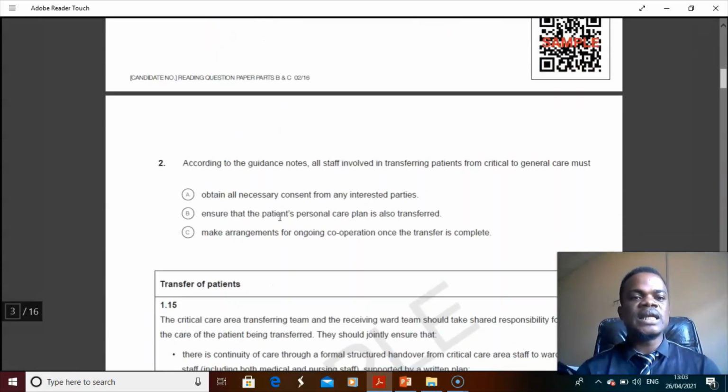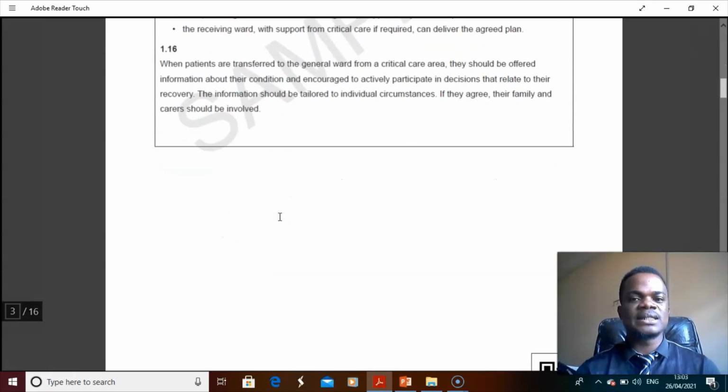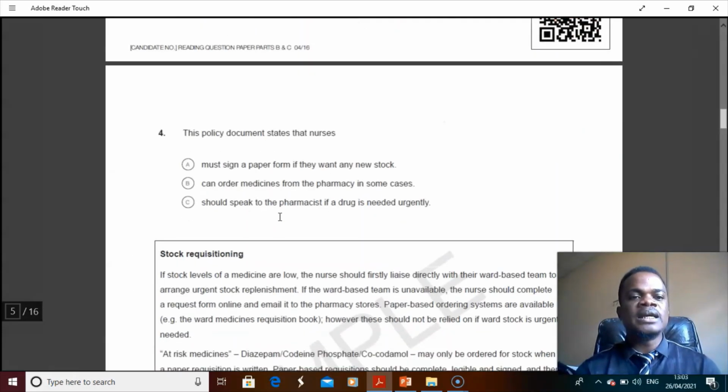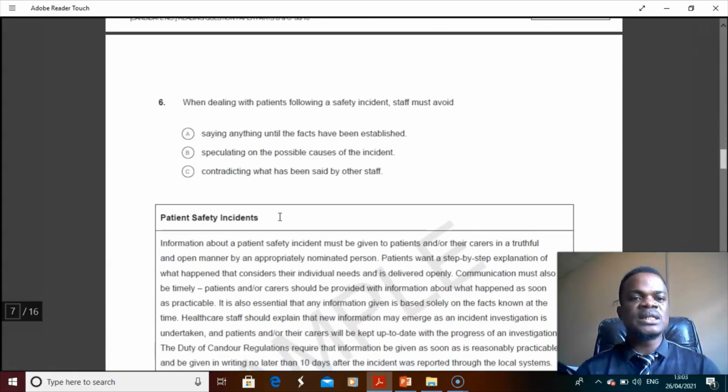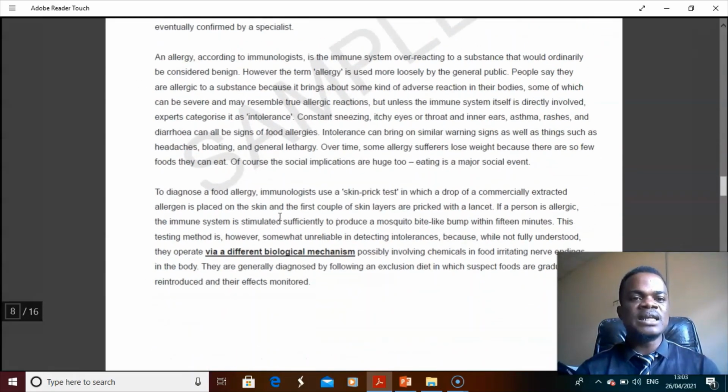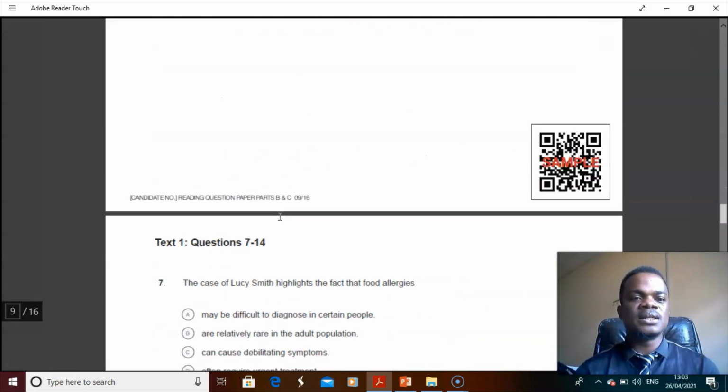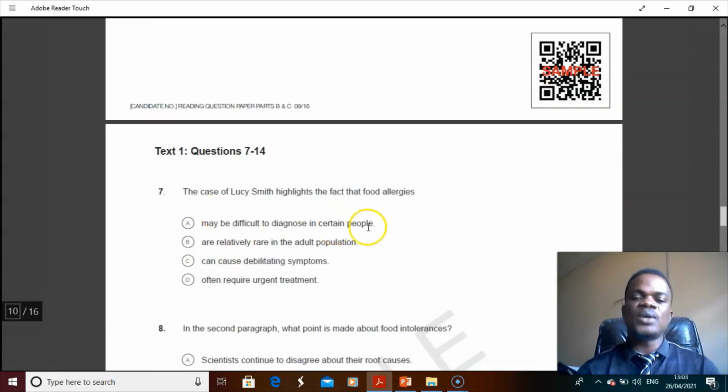You are either choosing A, B, or C for Part B, or in Part C you will be choosing either A, B, C, or D. This is what you are going to see.